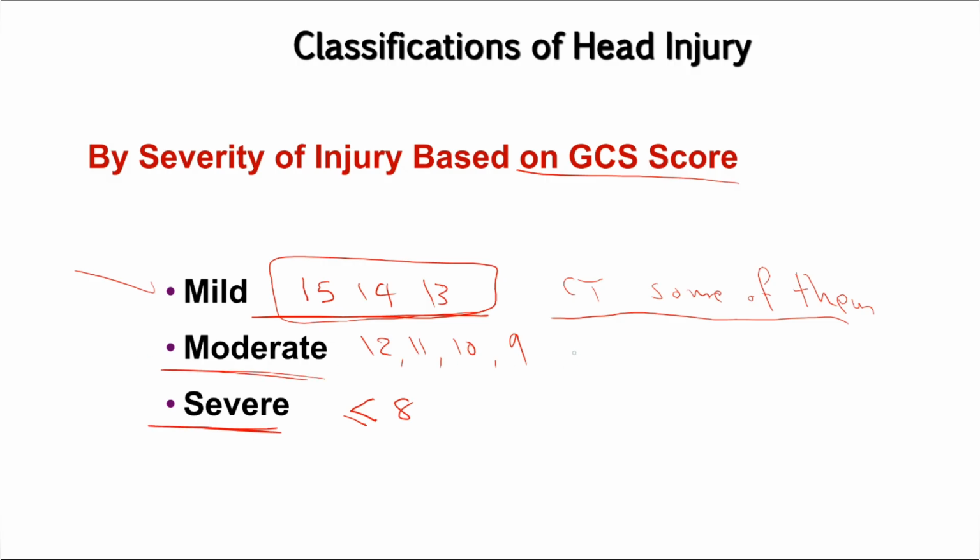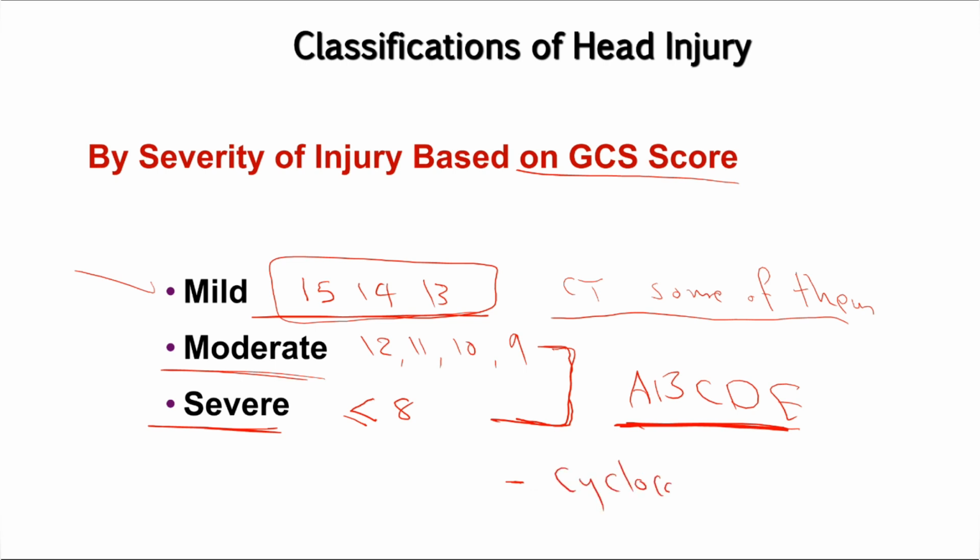And if there is moderate or severe brain injury, despite providing good ABCDE care, which means you prevent secondary brain injury, also give cyclokapron, which is tranexamic acid.